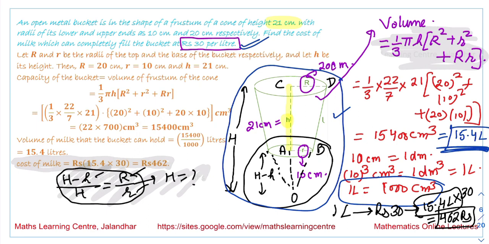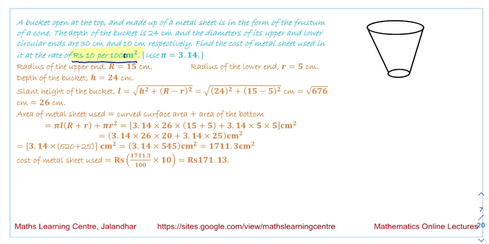Now the next question we have is a bucket open at the top and made up of metal sheet. It is in the form of a frustum of a cone. So a bucket is there in this shape, and the depth of the bucket is given to be 24 centimeter, and the diameters of its upper and lower circular ends are 30 centimeter and 10 centimeter.